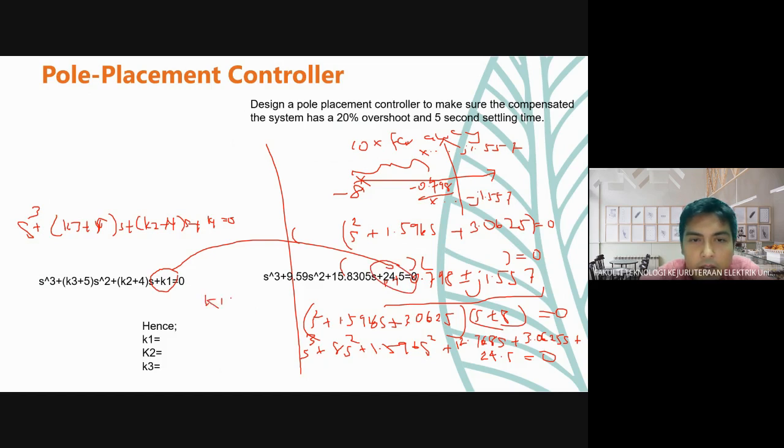K1, positive K1 equal to positive 24.5. So it means that K1 equals 24.5. K2 here will become, yep, that's correct, 11.8305. And K3 here will become 4.59.